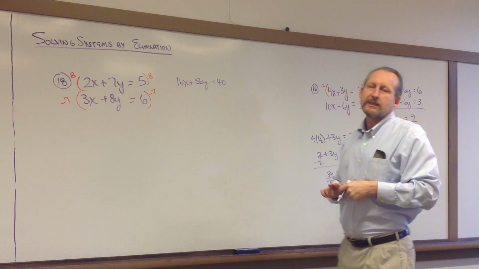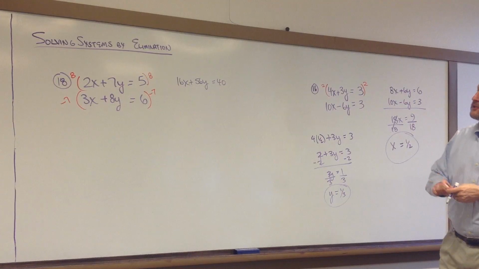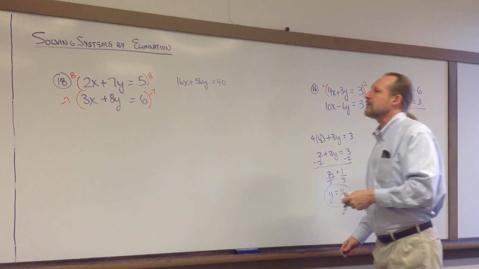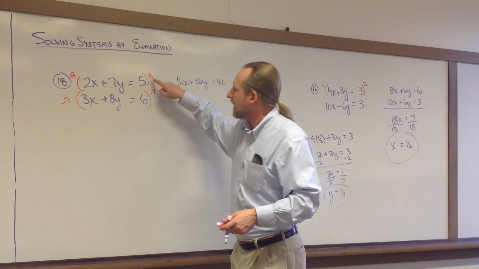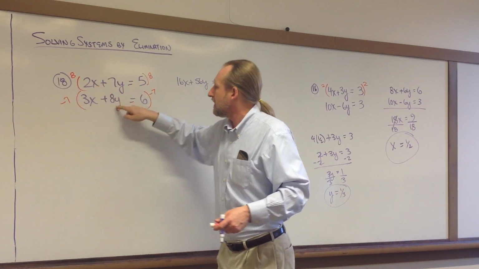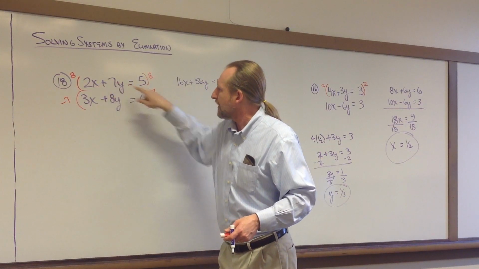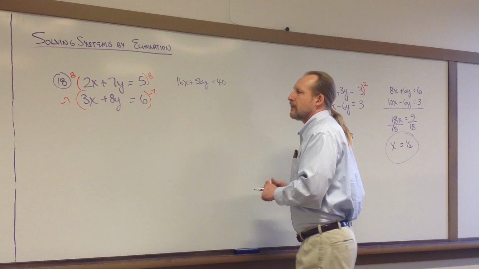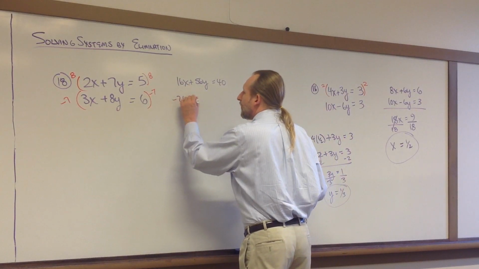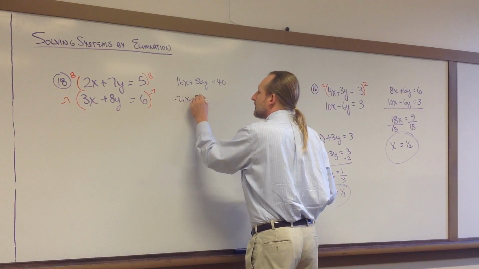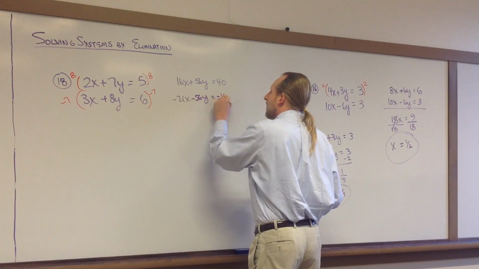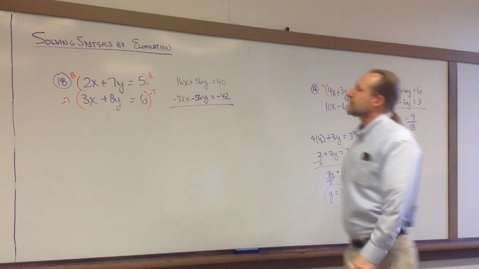And remember I said, when you run into this situation, it's a little bit like making a common denominator. You have to multiply each equation by the number in the other equation. Okay? All right, so this will be minus 21x, minus 56y, and negative 42.